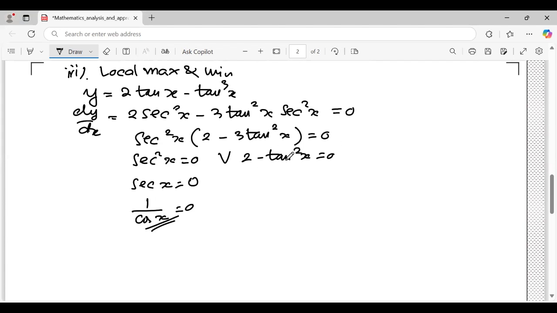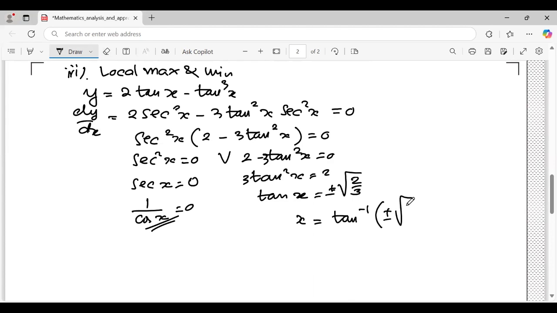Now we are going to find x through the other equation. Tangent squared x equals 2/3, so tangent x equals positive and negative root 2/3. And we find x equals arctangent of root 2/3.